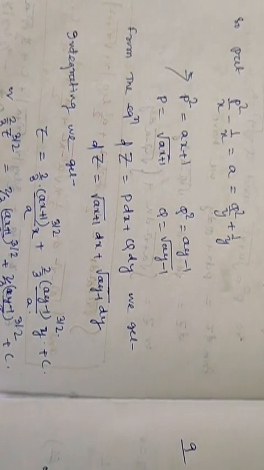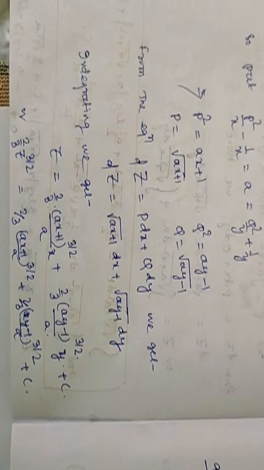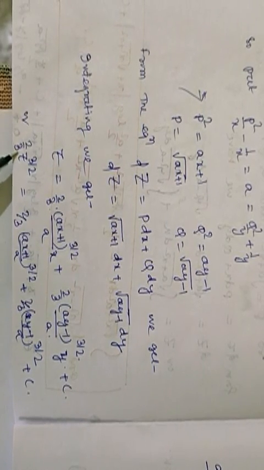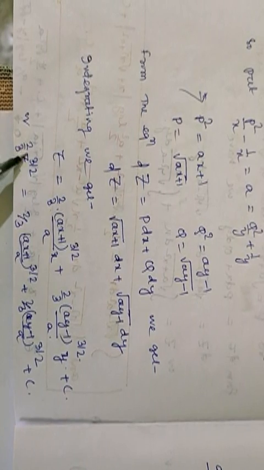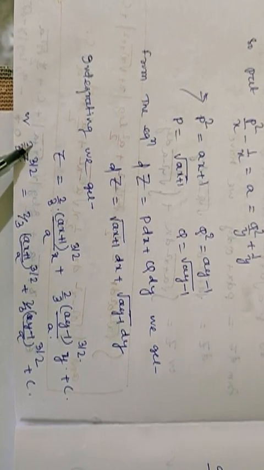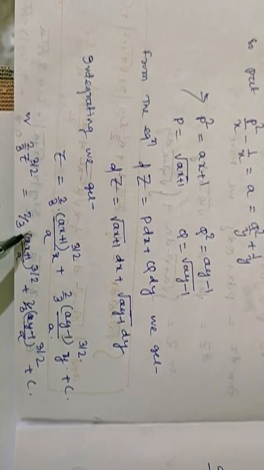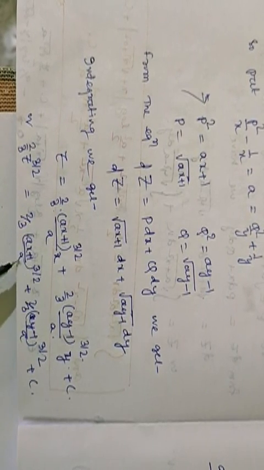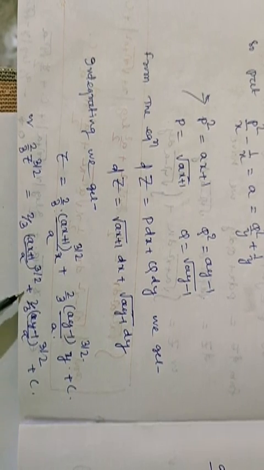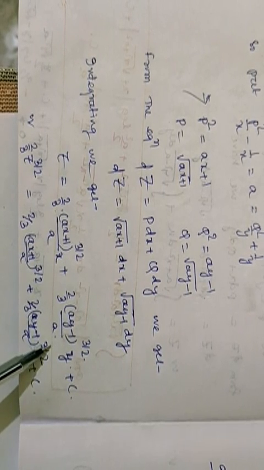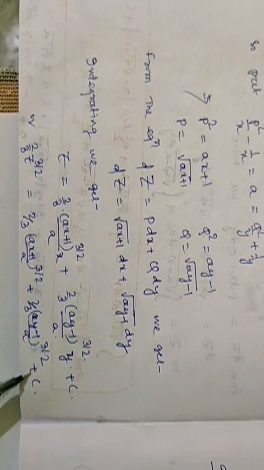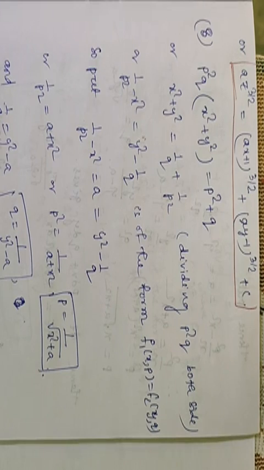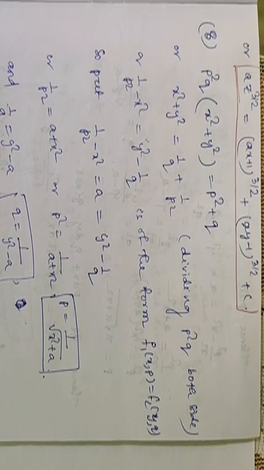Now in place of capital Z, we will put the value of small z, that is Z is equal to 2 by 3 z to the power 3 by 2, and the right hand side is 2 by 3 (ax plus 1) to the power 3 by 2 by a plus 2 by 3 (ay minus 1) to the power 3 by 2 divided by a plus c, which is the complete integral.